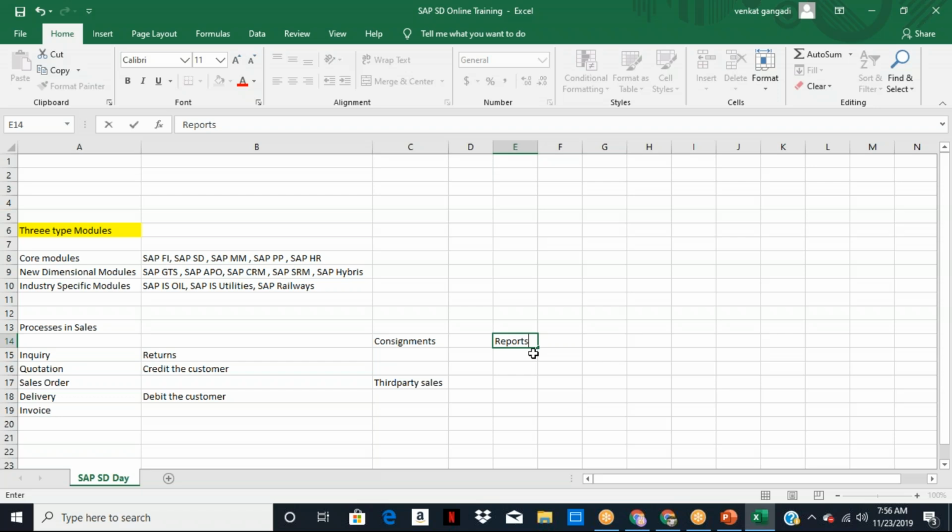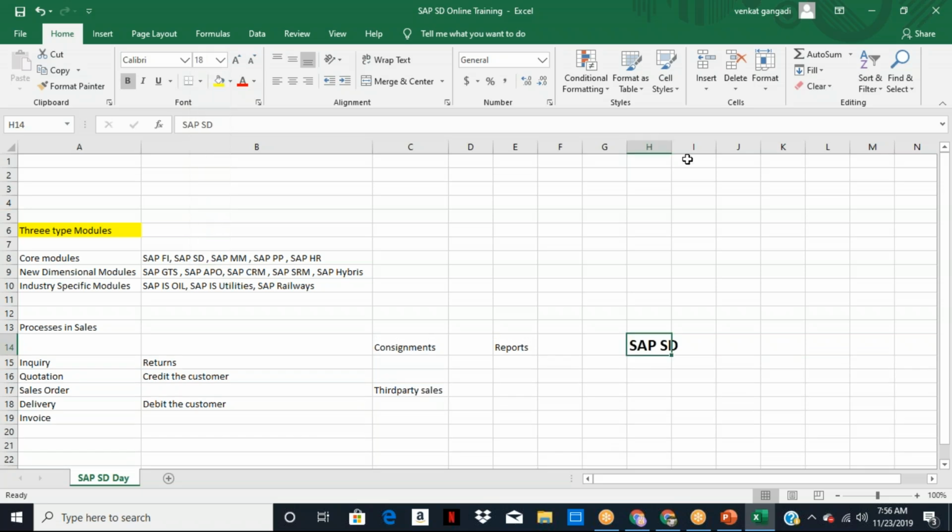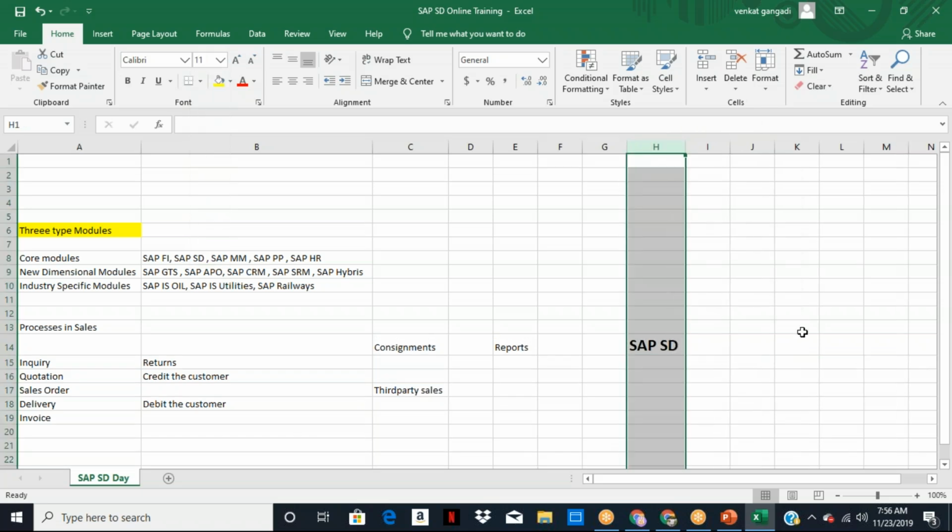Now, in order to support this inquiry, quotation, order, delivery and invoice, SAP developed a module called SAP SD. The SAP SD module is intended to take care of all the sales related requirements. Creating the inquiry, which module do we use? The SAP SD module. Creating the quotation, we use SAP SD.